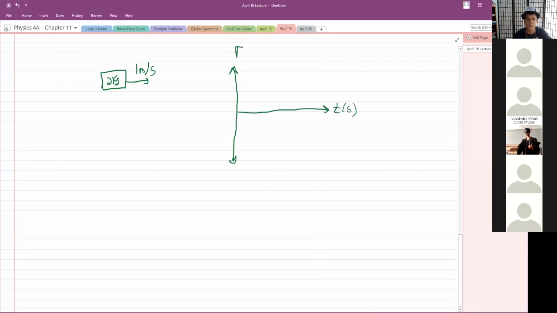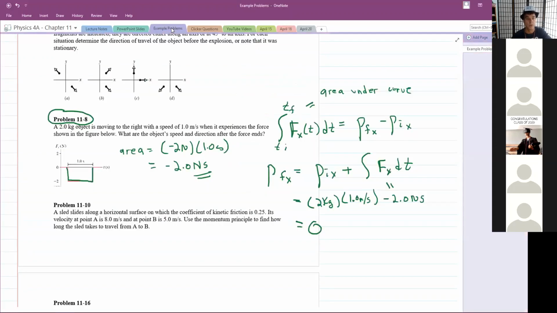Here's the force in the x direction as a function of time, again acting for 1 second. I want to know again what the final velocity of this object is.